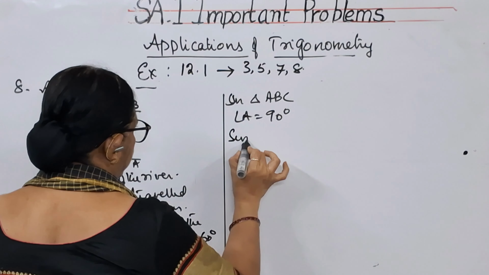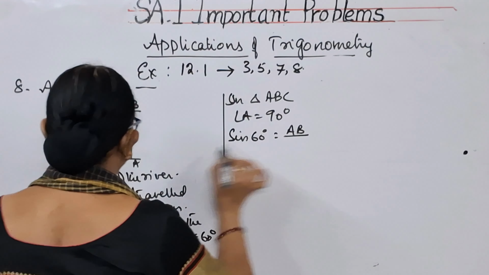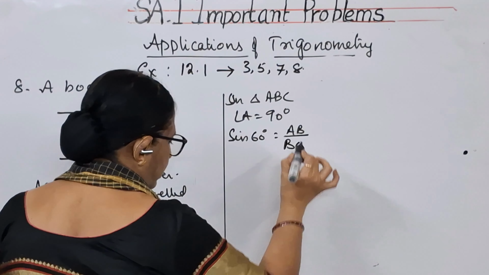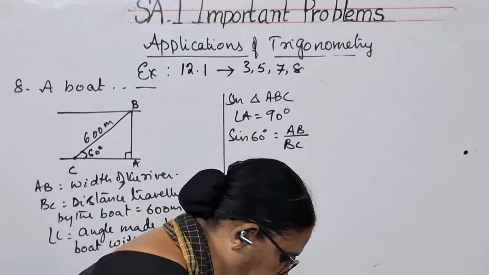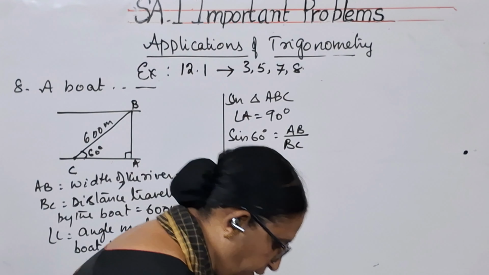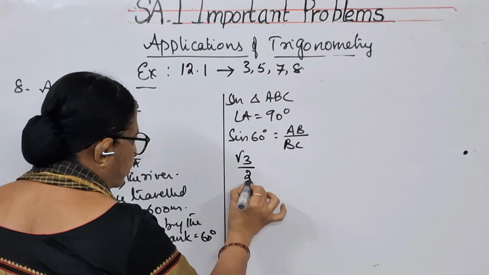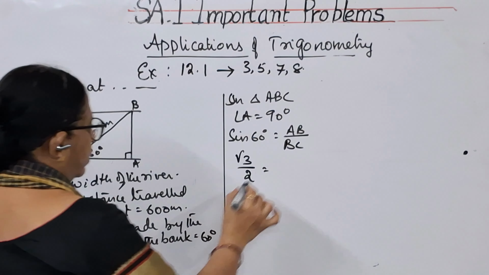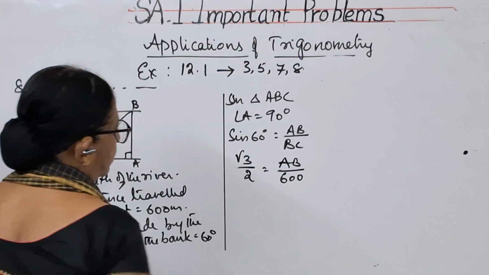That means sine 60 degrees is equal to AB by BC. Now, what is this sine 60 degrees? Sine 60 degrees is root 3 by 2, equal to AB, which you don't know, by BC, 600.